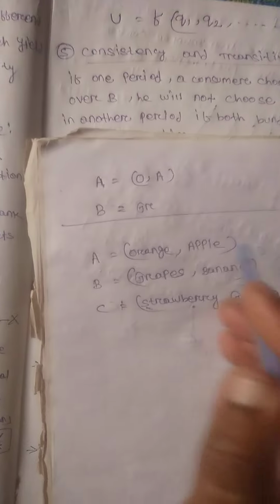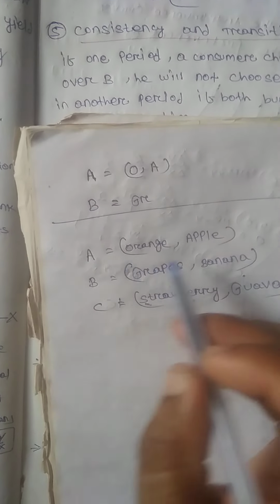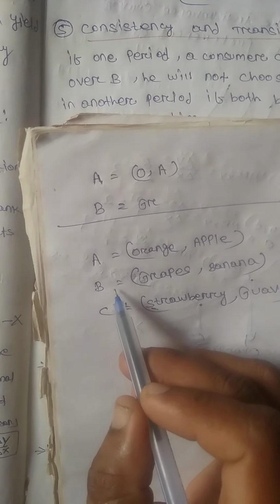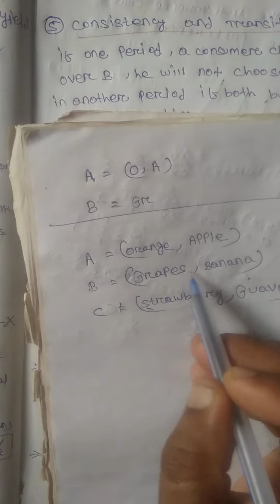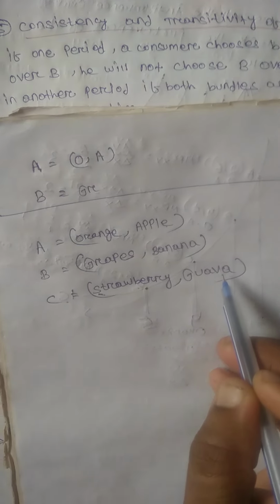In bundle A we have taken orange and apple, two commodities, in bundle B grapes and banana, and in bundle C strawberry and guava.